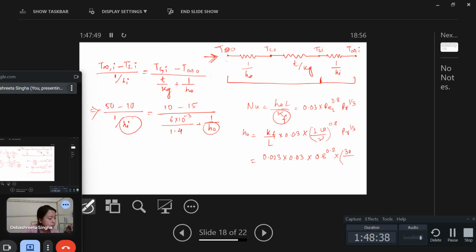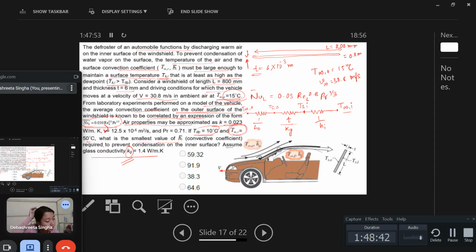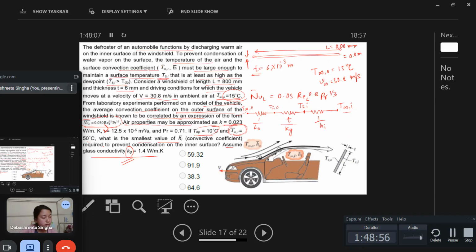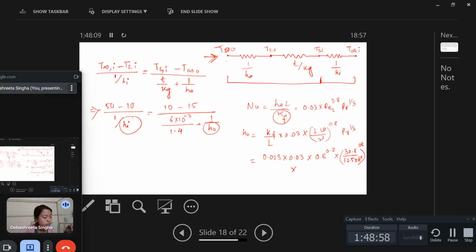divided by nu. Nu is given as 12.5 into 10 to the power minus 6. So this to the power 0.8 into the Prandtl number, which is 0.71. So you need to calculate this.